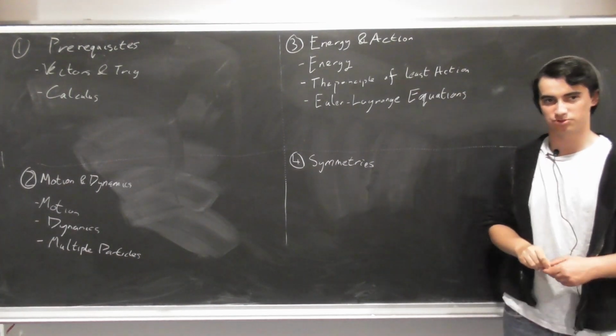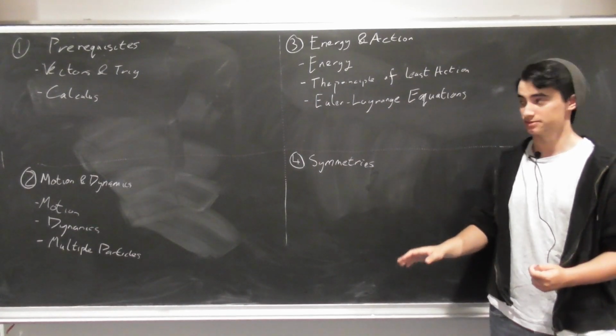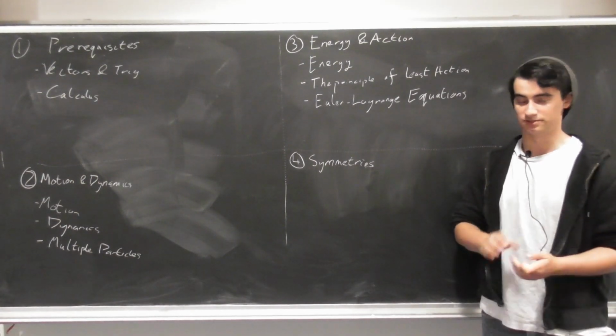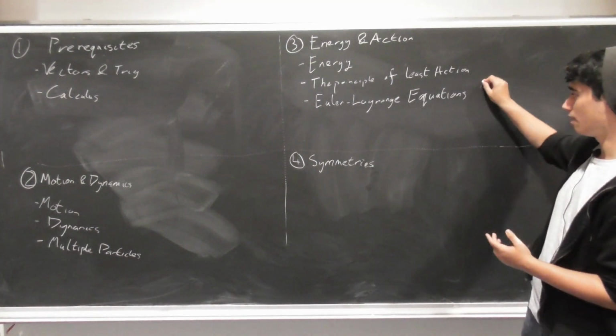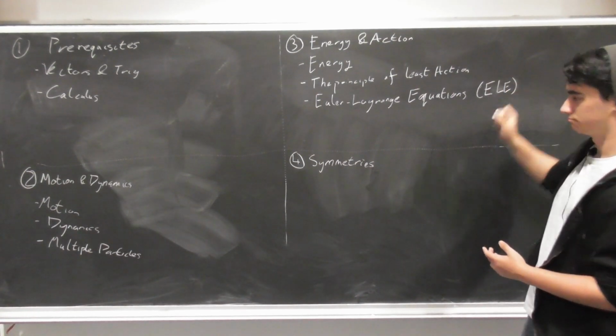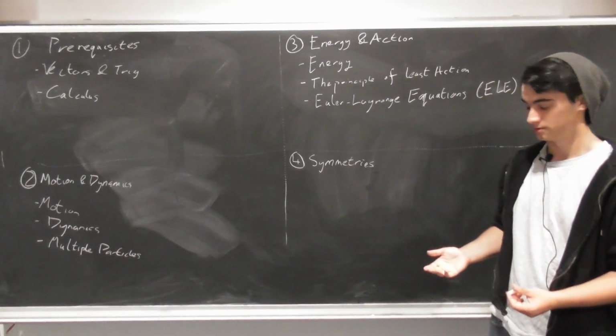I think you'll go on to it in second year of TP if you do advanced classical mechanics. Now they're so central, and in the notes they're written so much, that anything I write up here, I will most likely just refer to them as ELE. The shorthand notation is quite useful.